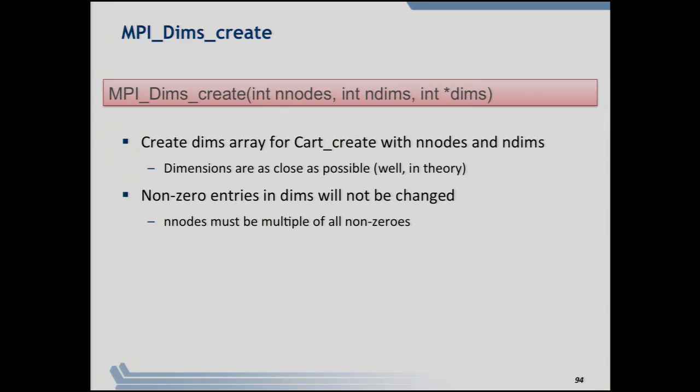You can even specify one dimension that you know the size of, and it will try to fill the other one. If some of the sizes in this array are non-zero, MPI will maintain that size and fill only the other sizes and so forth. So those kinds of flexibilities are there.